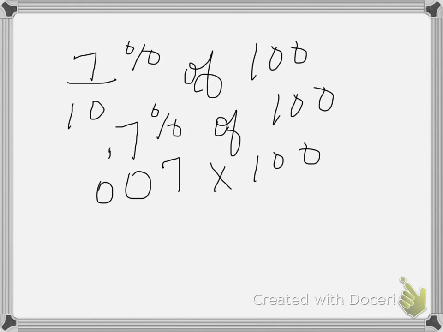So you would multiply, what would you get? So the answer, if we multiply that, will be 0.7. So 0.7% of 100 is 0.7. Okay?